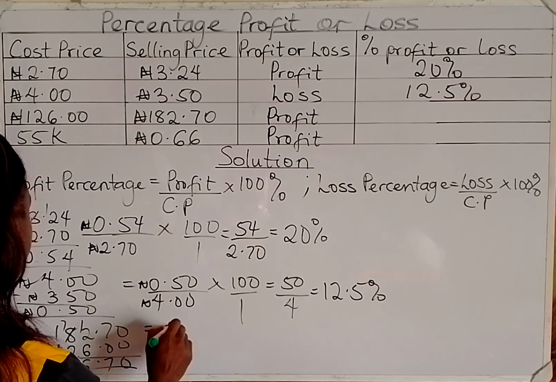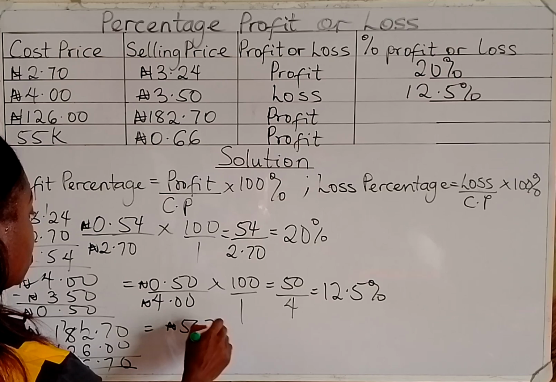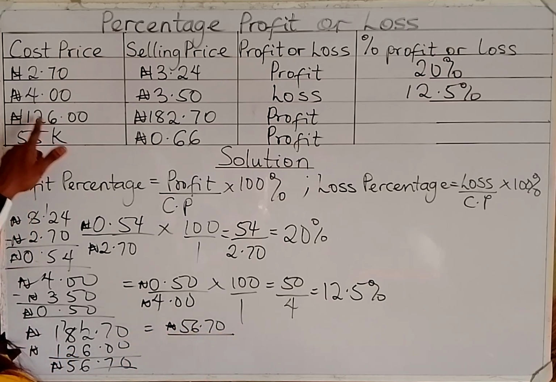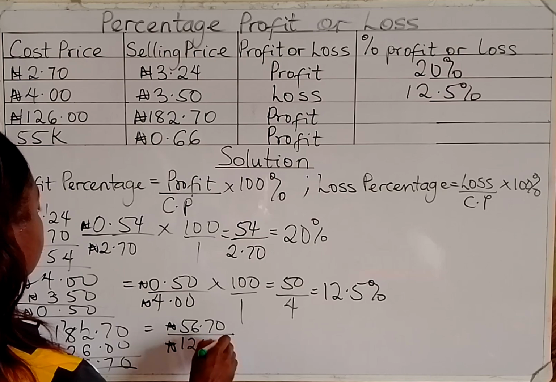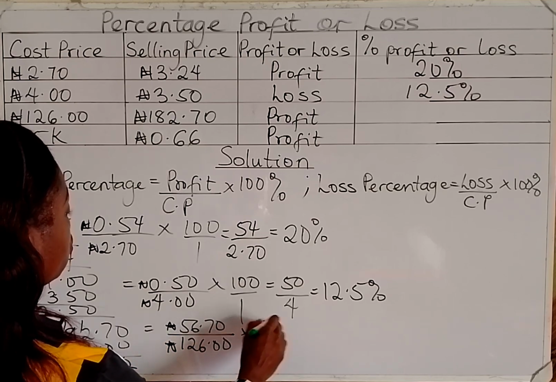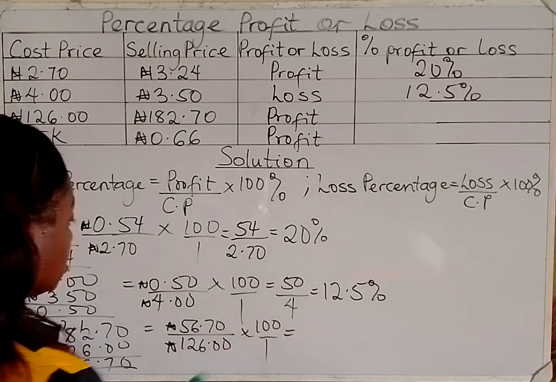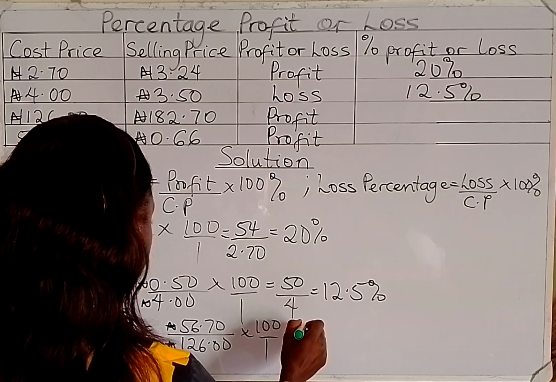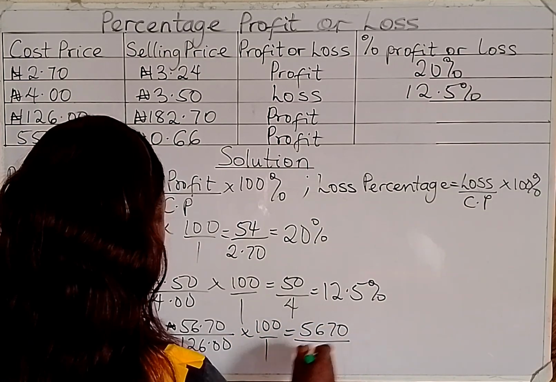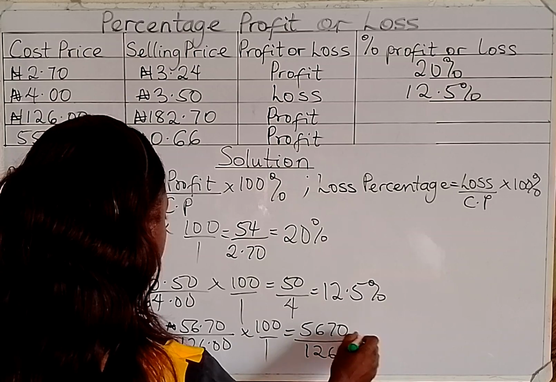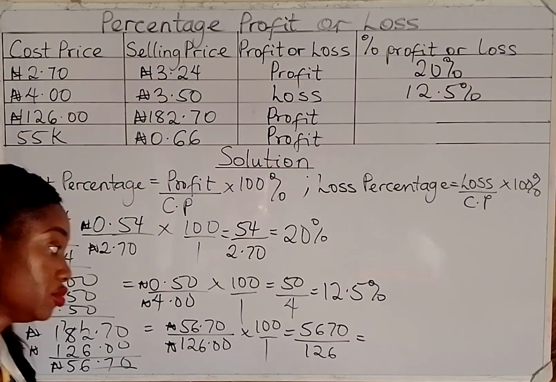So 56 naira 70 kobo divided by the cost price, 126 naira, times 100 over 1, which is 100%. This becomes 5,670 divided by 126 to give us the percentage.